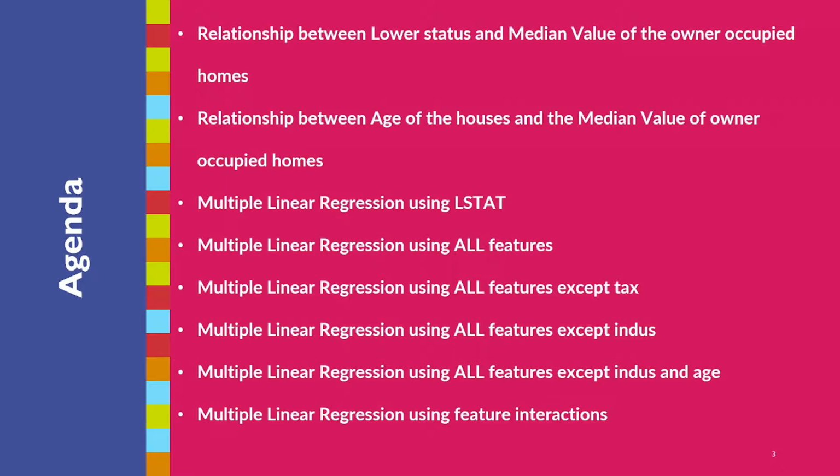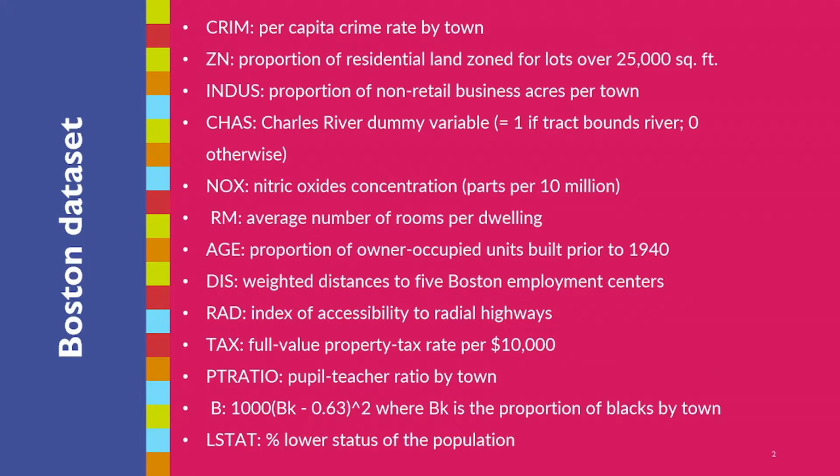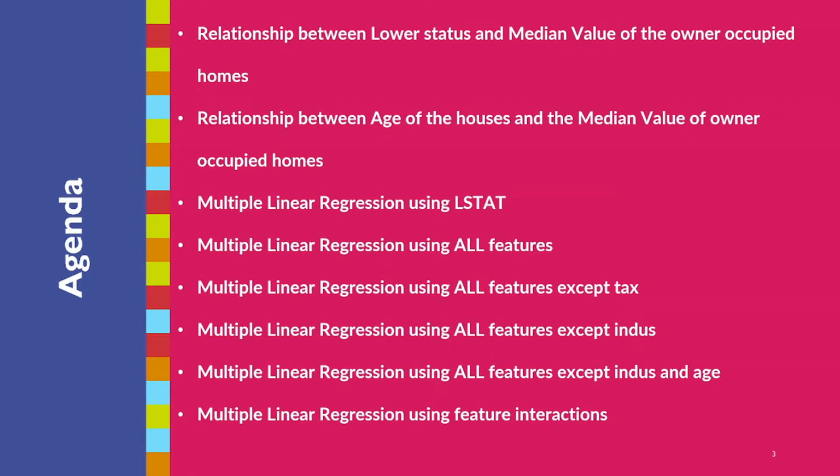So what we will do is find the relationship between the lower status and the median value of the owner occupied homes. We'll find the relationship between age of the houses and the median value of owner occupied homes. We'll use multiple linear regression using LSTAT, which is the percentage of lower status of the population.